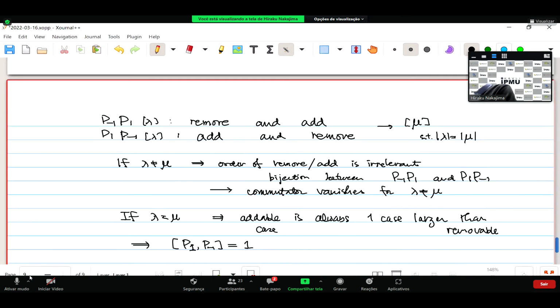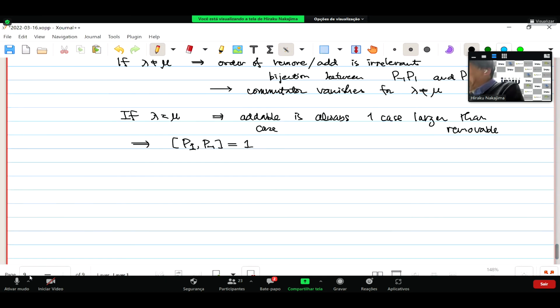Okay. So this is a very rough idea how the high-dimensional algebra representation is constructed.